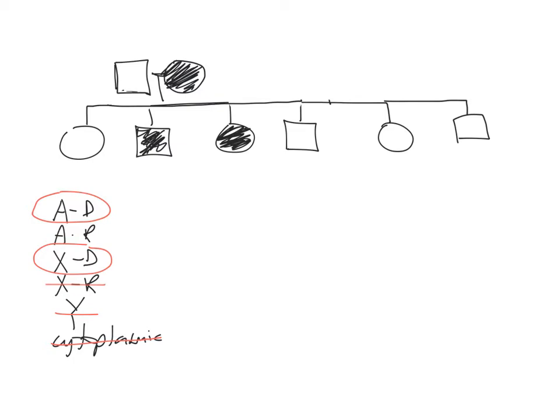Could be X dominant. Could be autosomal recessive. So how do we determine which of those three is most likely?